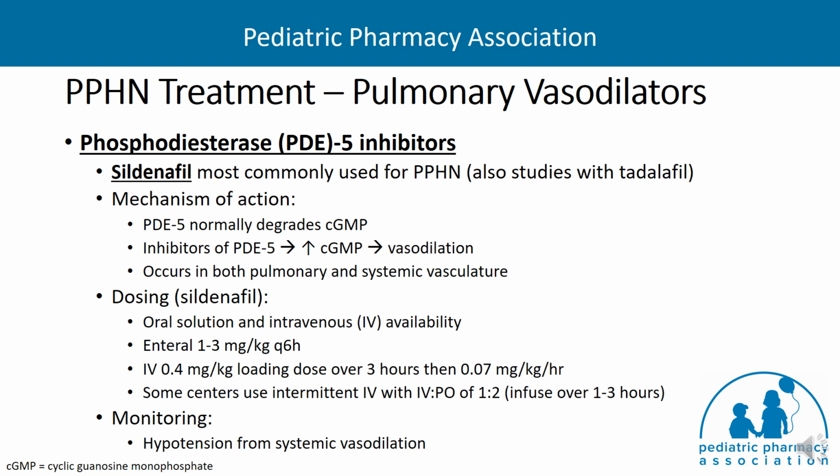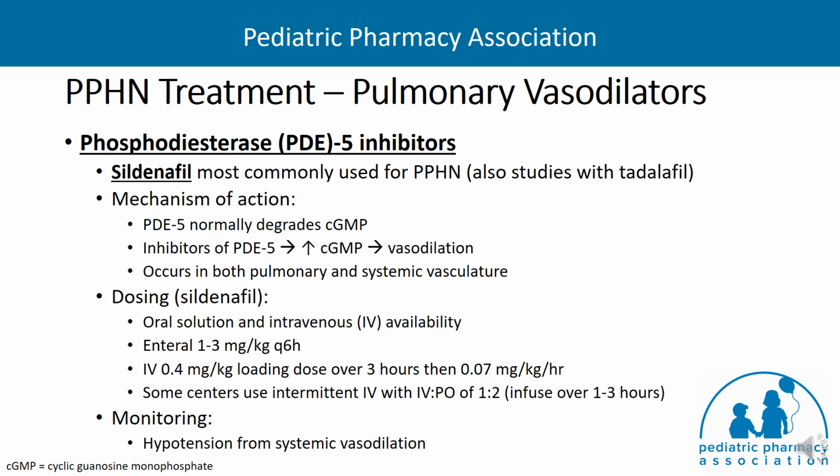And as you remember, increased cGMP concentrations will then elicit that pulmonary as well as systemic vascular relaxation, which leads to vasodilation. Sildenafil is available both enterally and intravenously in the United States. In addition to use during the acute phase of PPHN, you'll also see some institutions utilize sildenafil to help facilitate weaning off of iNO as the patient is clinically improving.